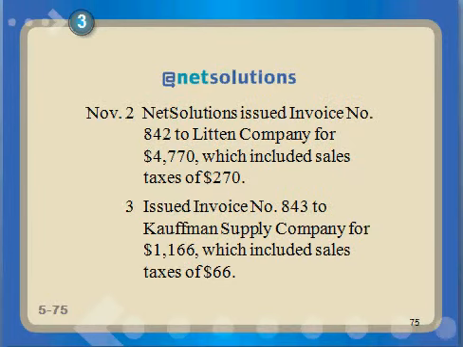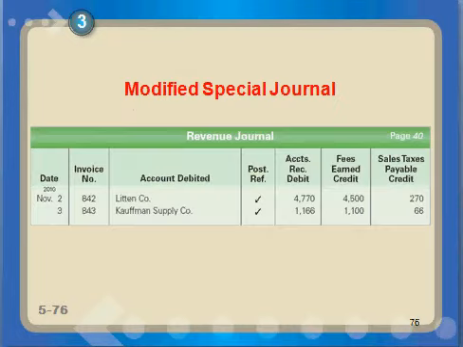It doesn't really tell us the rate, but you can see $270 worth of sales taxes payable. And then on November the 3rd, they had another $1,100 invoice, which resulted in, looks like 6% sales tax, $66 in the sales tax payable column.